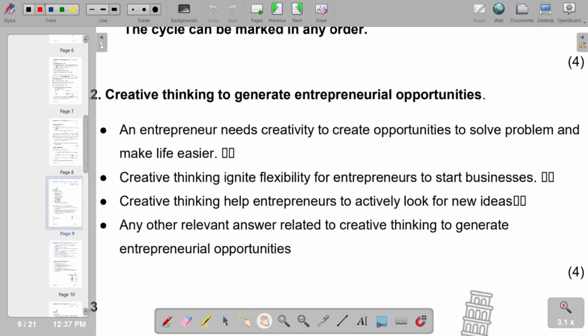And then on the second part, creative thinking ignites flexibility for entrepreneurs to start businesses, and creative thinking helps entrepreneurs to actively look for new ideas. So these are the points that we have on creative thinking to generate entrepreneurial opportunities. So with that, we move on to the next question.